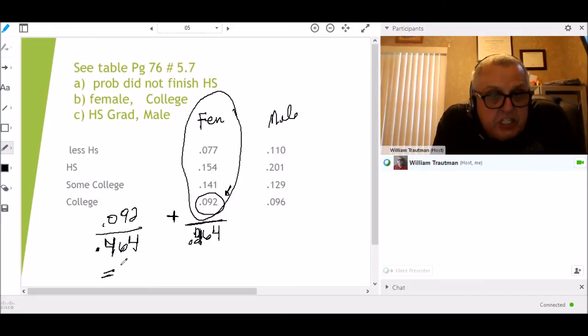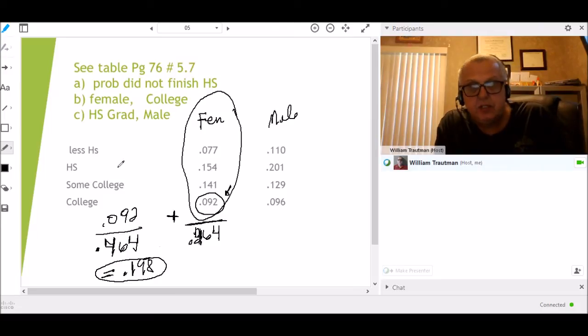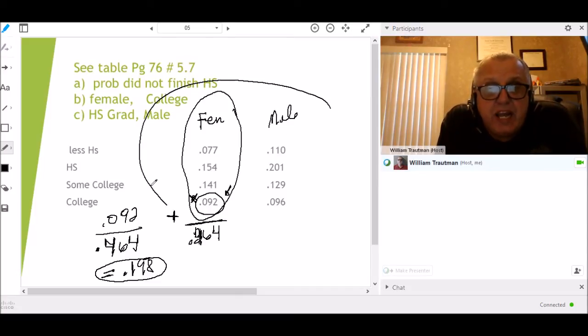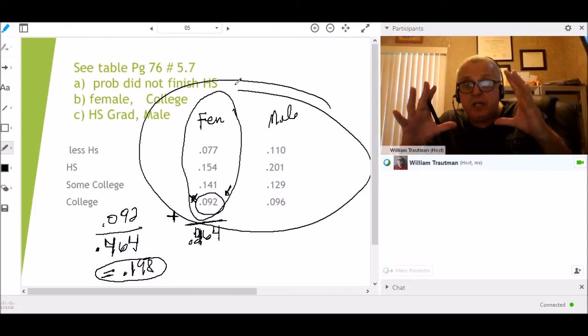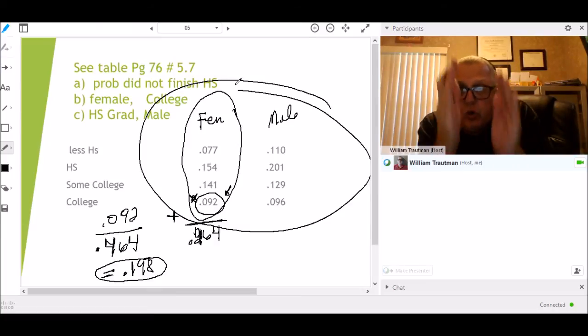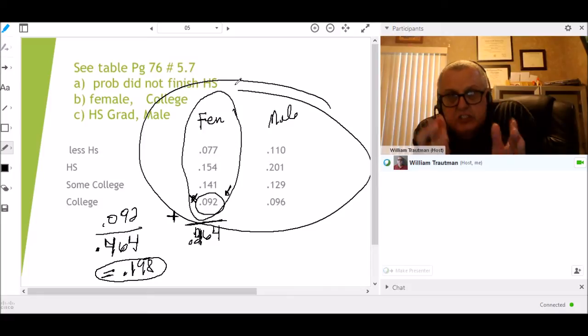If we just pick the females, what's the chance of her having a college degree? 0.198 or 19.8%. You can't just say 0.092 is the answer because that is the data for everything, but this question is asking for females only. So we have to concentrate on the females.